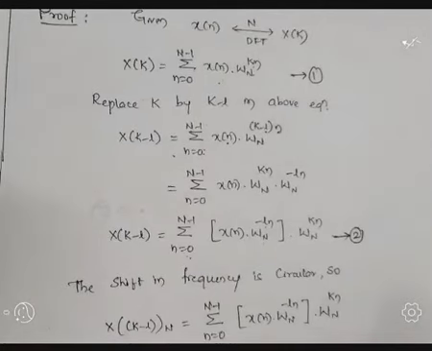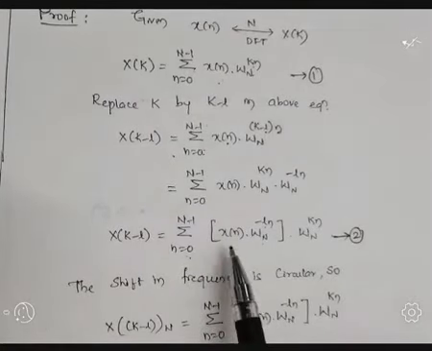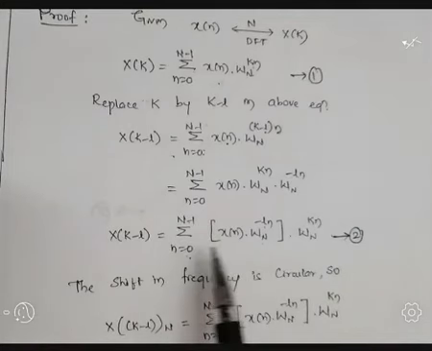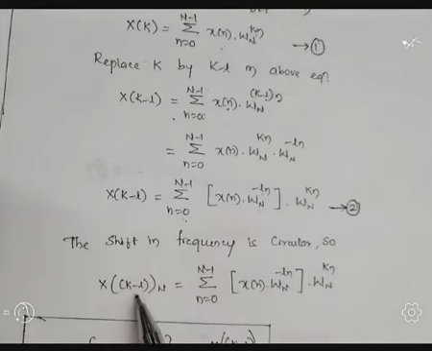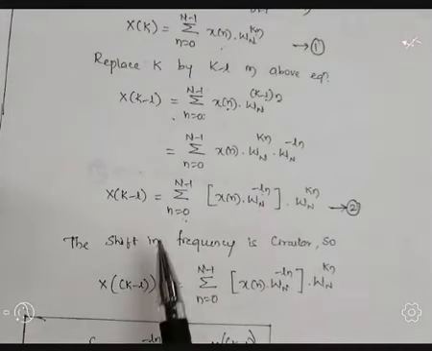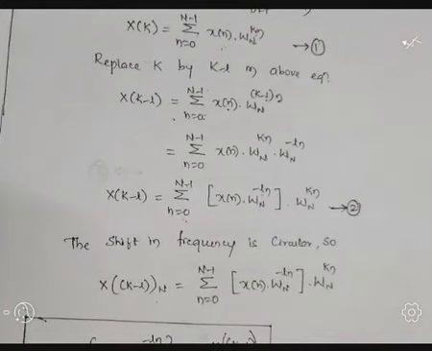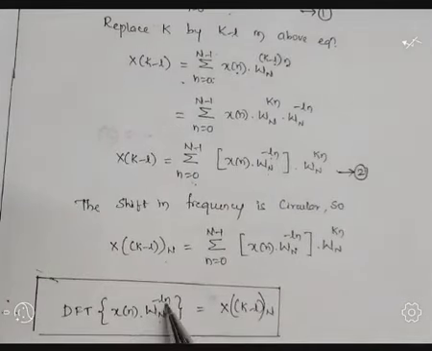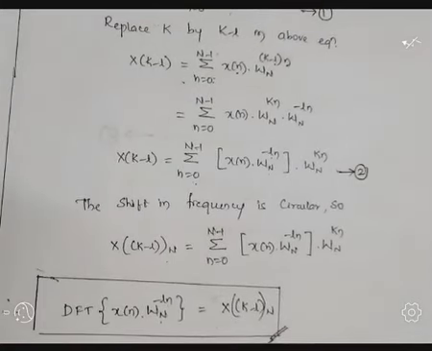The terms present inside the square bracket, if you calculate the DFT for this one, we get X of k minus l. Hence we can write X of k minus l of n is equal to this much. So DFT of x of n times Wn to the power minus ln is equal to X of k minus l of n. This is the circular frequency shift property.